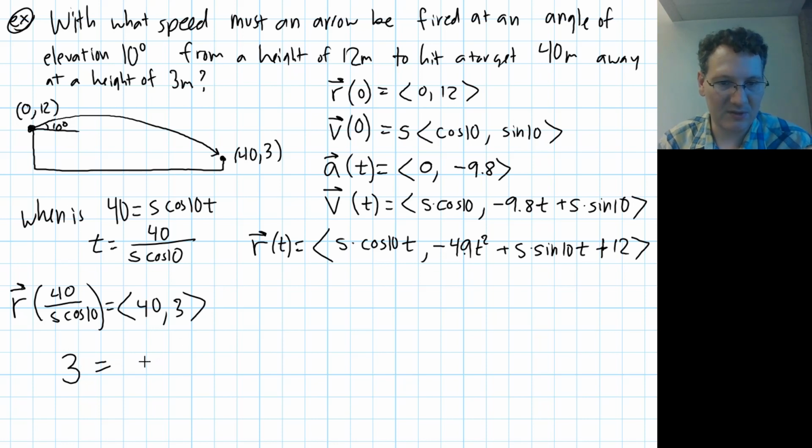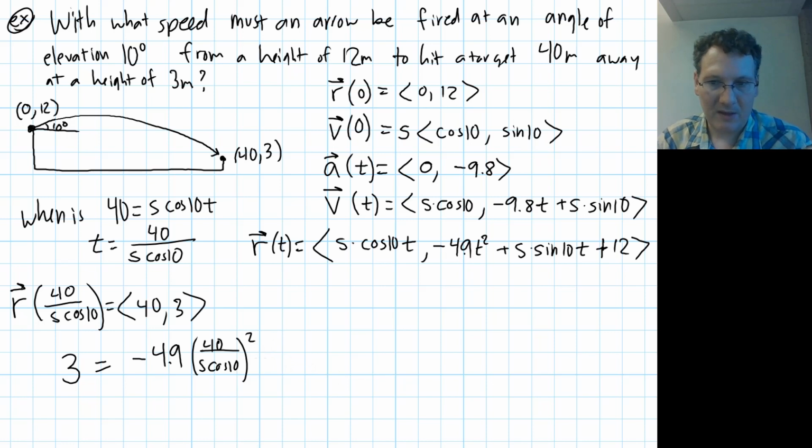Let's set 3 equal to negative 4.9 times 40 over s cosine 10 squared plus s times the sine of 10 times 40 over s cosine 10 plus 12.